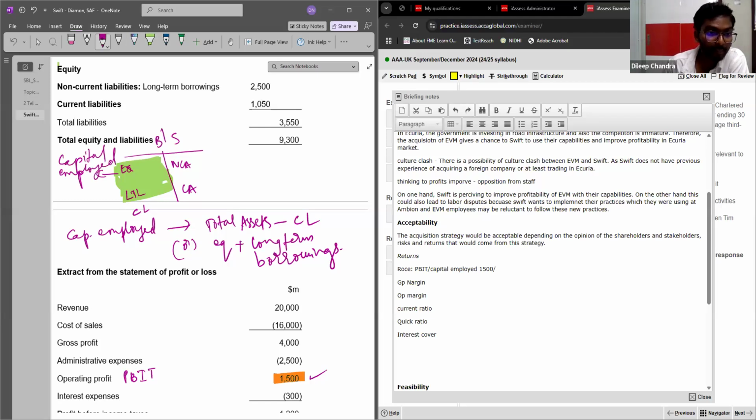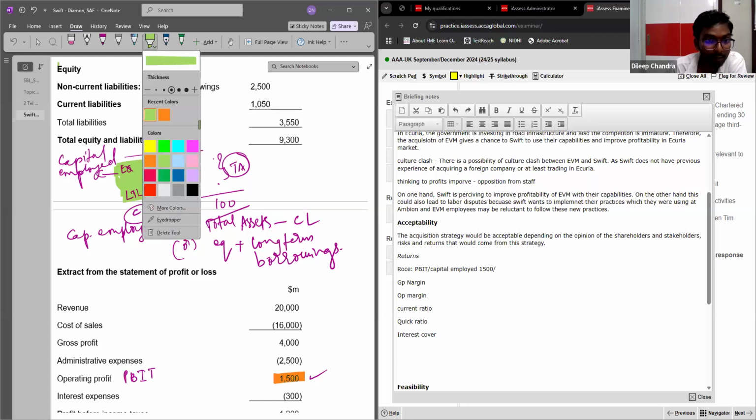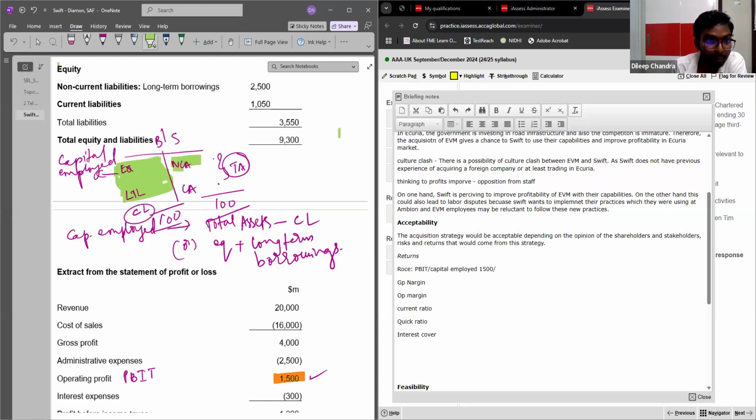How can we come up with this? Add these two. Let's suppose you got 100. Definitely this side also 100 would be there, if the balance sheet tallies. Out of this 100, which is total assets, simply remove the current liabilities.